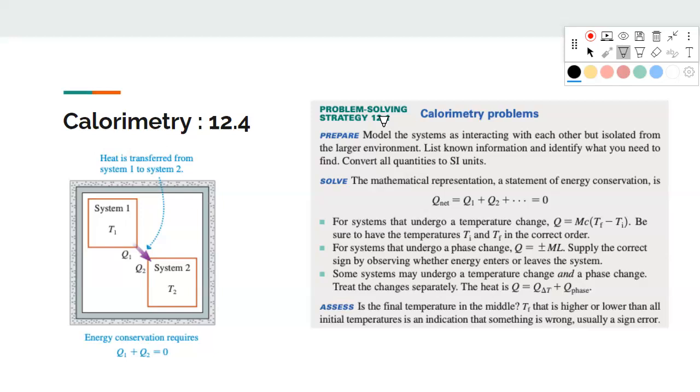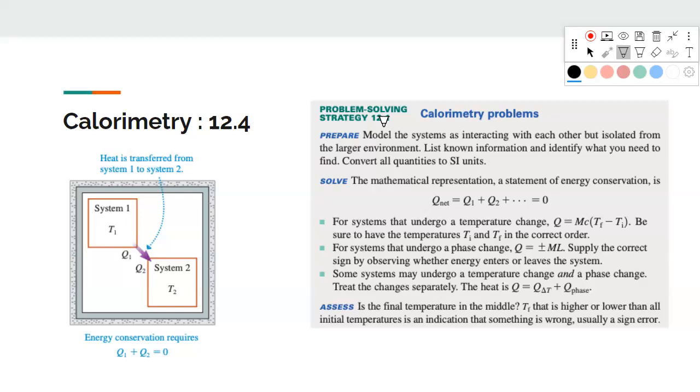And so what we can do is start with this idea of energy conservation, that the heat for object 1 plus the heat for object 2 is just 0. Remember that heat is already telling you a change in energy, so you don't have to talk about changes in heat. We just need to talk about the amount of heat, which is the amount of energy being gained or lost.